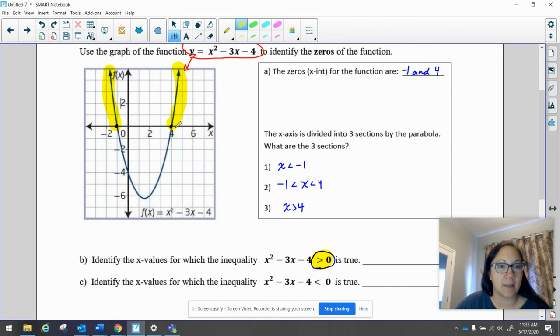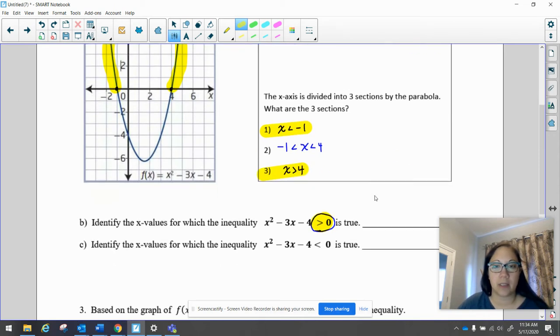If you think of this line as being like sea level, it's kind of like saying being greater than 0 is like being above sea level. So that would have been zone 1 and zone 3. So we're going to write those as our x values for which it is greater than 0. So that was true when x was less than -1, comma, and x was greater than 4.